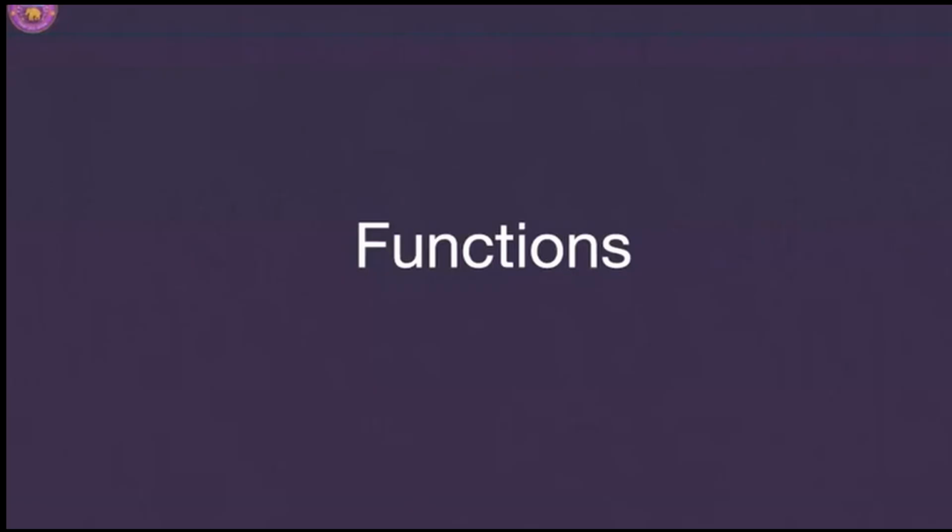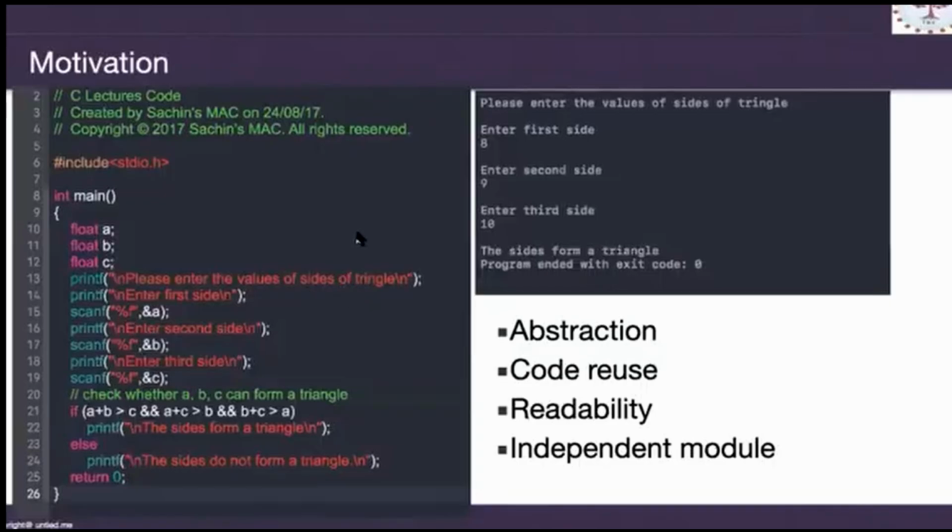That is the main benefit of functions in any programming language. I hope this concept is clear to everyone and you have understood why we are discussing this function related chapter. So let's come to the discussion in detail.